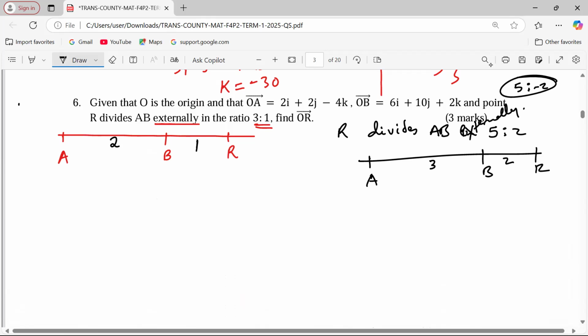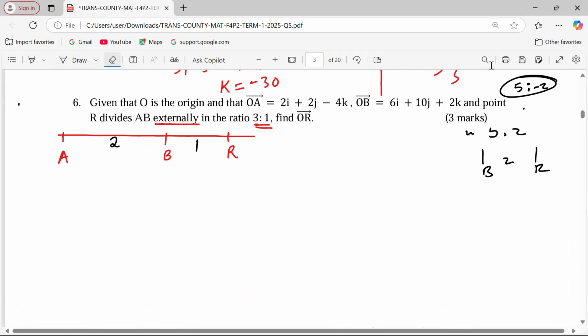So now back to our specific question. Now that we know the ratio into which points A, B, and R are divided, we can apply what we call the ratio theorem. The ratio theorem says this, a general statement.